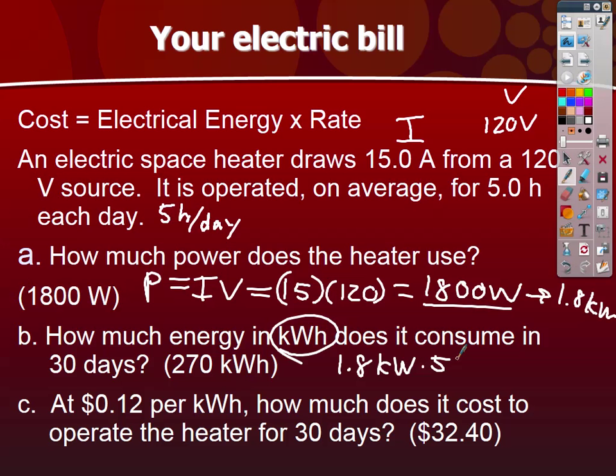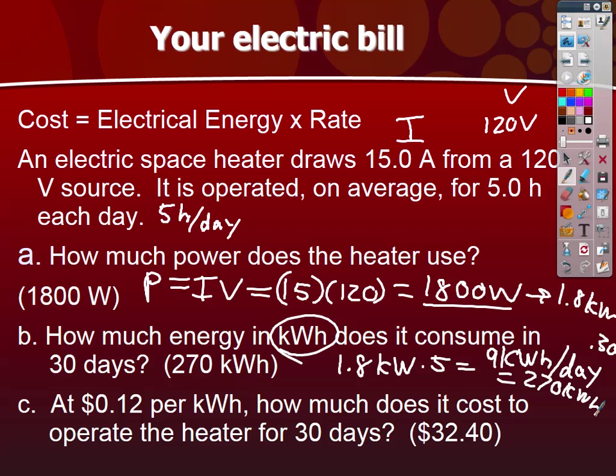I'm using this for 5 hours a day, so if I multiply 1.8 times 5, I get 9 kilowatt hours per day. But how many days am I looking at? 30, so I multiply this by 30, and I get 270 kilowatt hours. That's the total amount of energy you are using over 30 days.